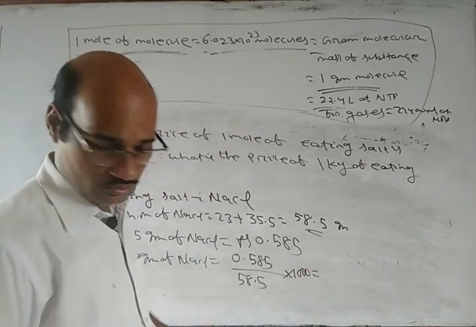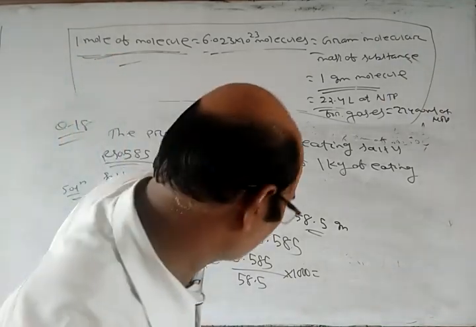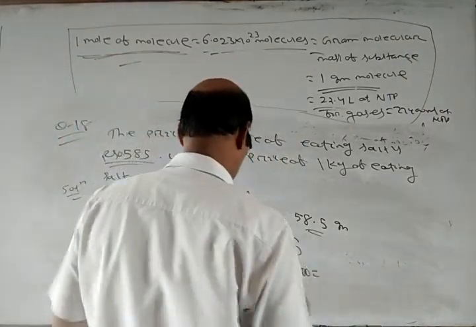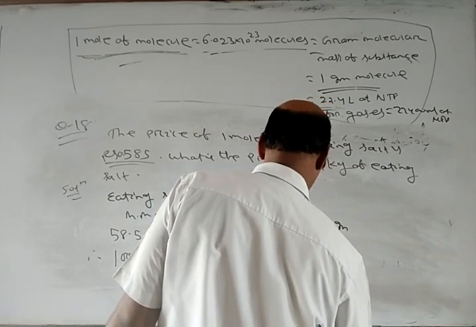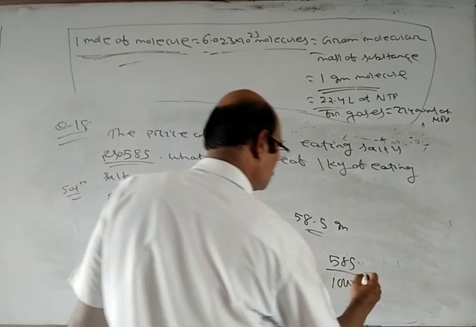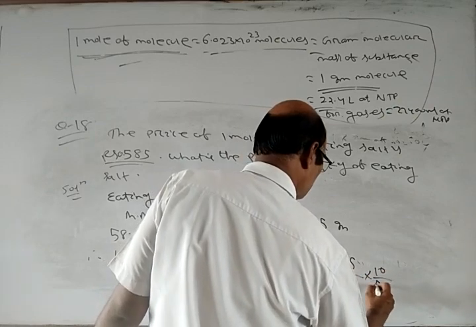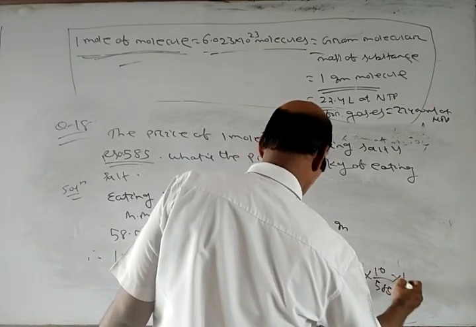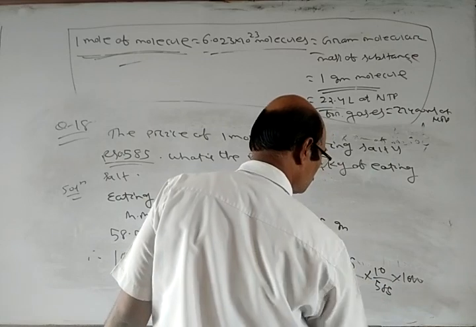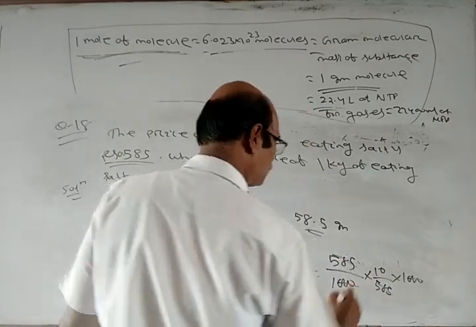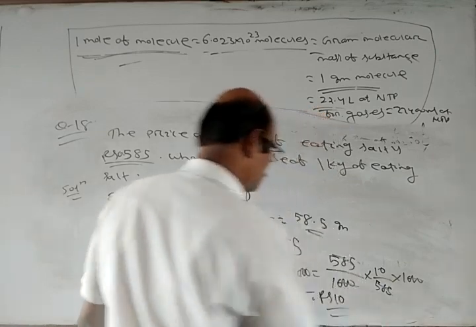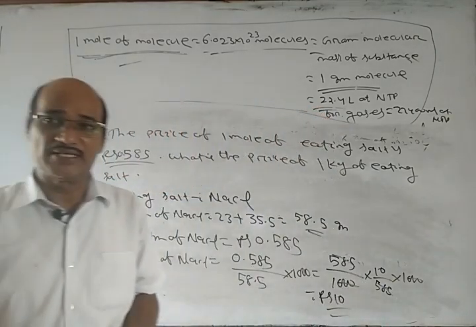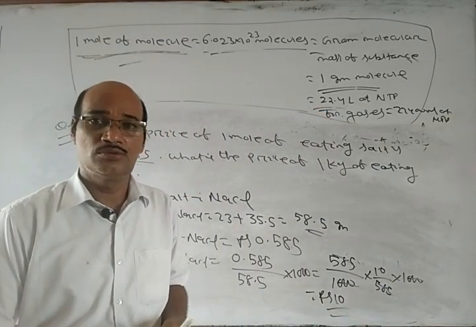This is equal to 0.585 by 58.5 into 1000, equal to rupees 10. So 10 rupees is the price of 1 kg of eating salt.